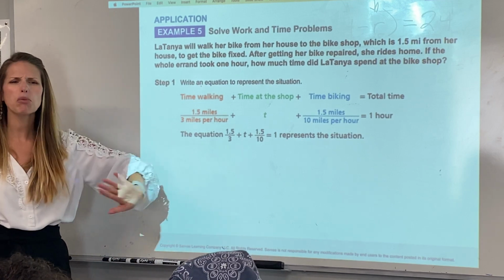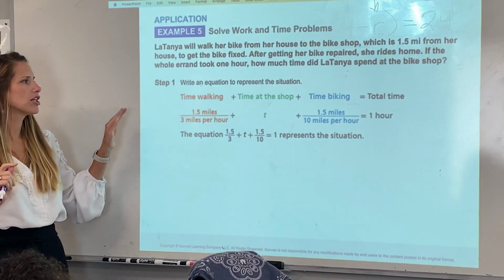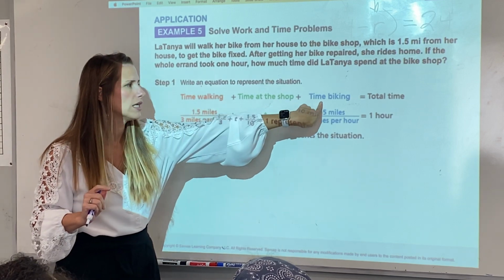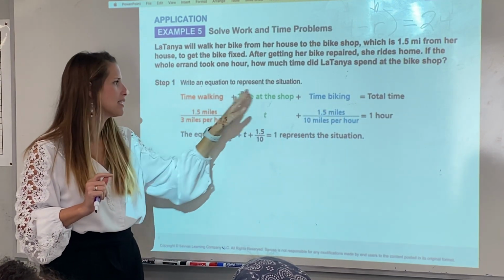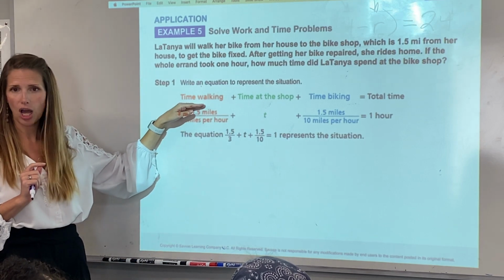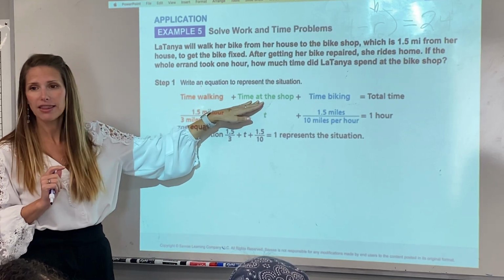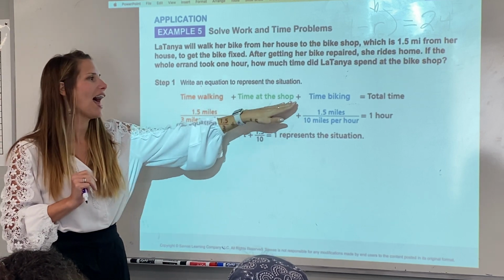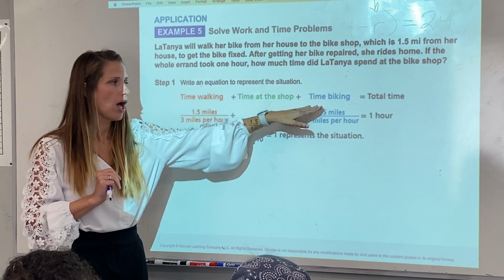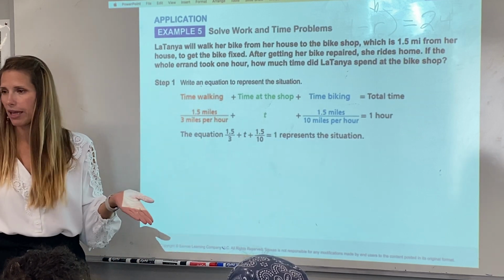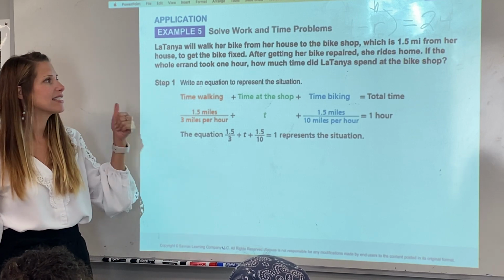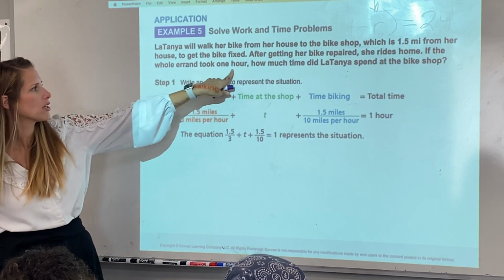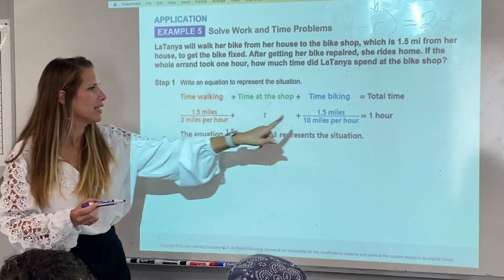But first, all I wanna do before class is up is agree that all of the time, the time that she spent walking to the shop, the time that she spent at the shop getting her bike fixed by a male or female technician, and the time that she spent biking home has to add up to the total time, right? They gave us the total time. They gave it to us in the question.